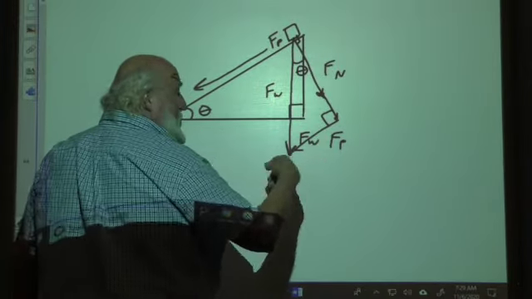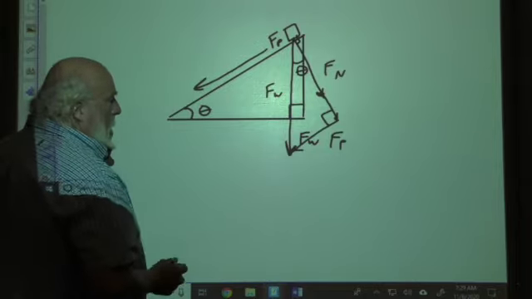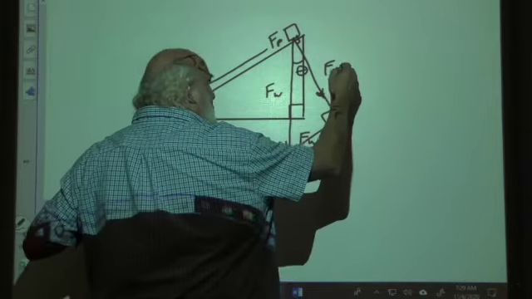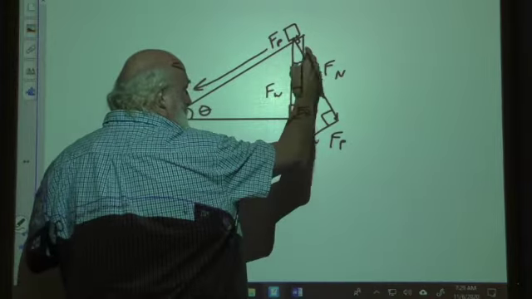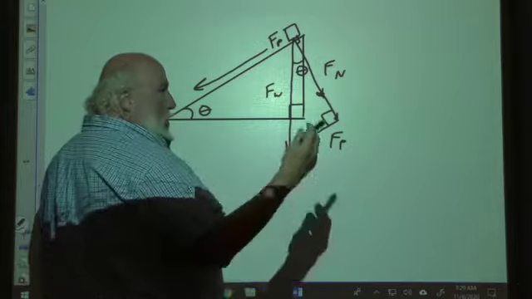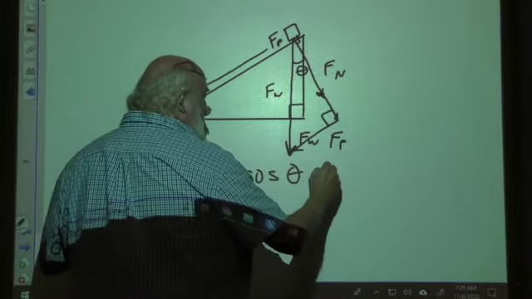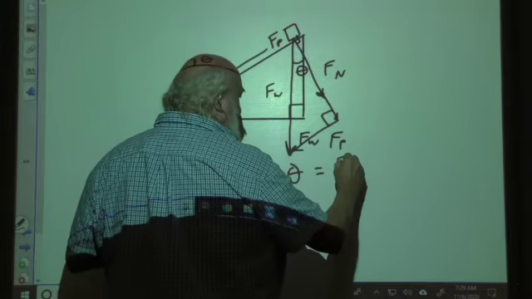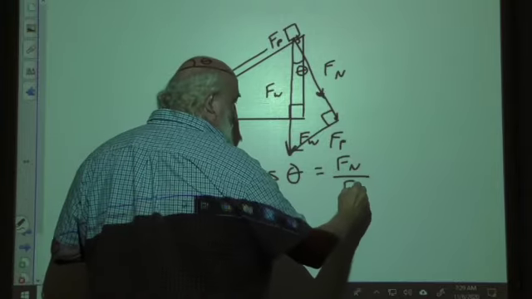We have here a SOHCAHTOA situation. And so we can find Fn because of the fact that it is the adjacent side to this right triangle with this hypotenuse, and adjacent over hypotenuse we know is the cosine of theta. And so the cosine of theta is going to be equal to the adjacent Fn over the hypotenuse Fw.